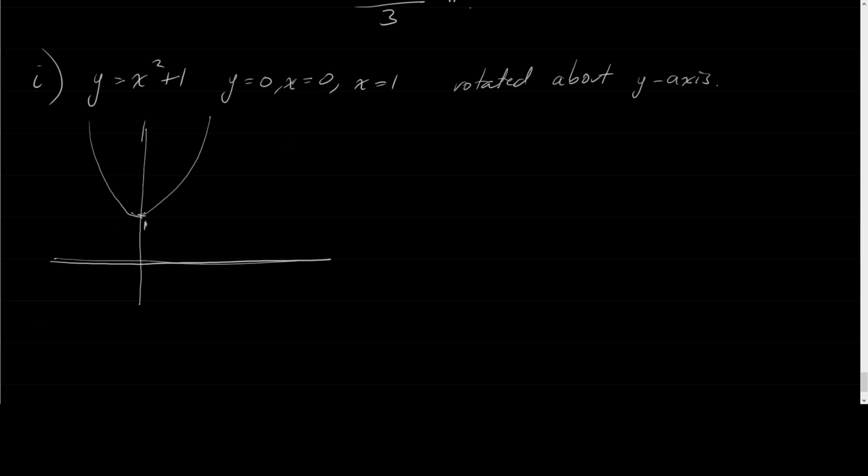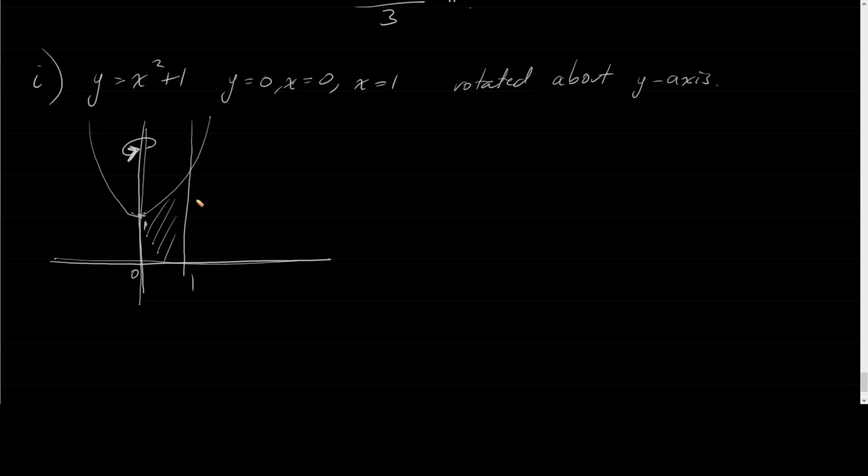X equals 0, that's just the y-axis. X equals 1, that would be this right here. All right, x equals 1. This is 0. So this is the region that we're rotating about the y-axis, this entire region.